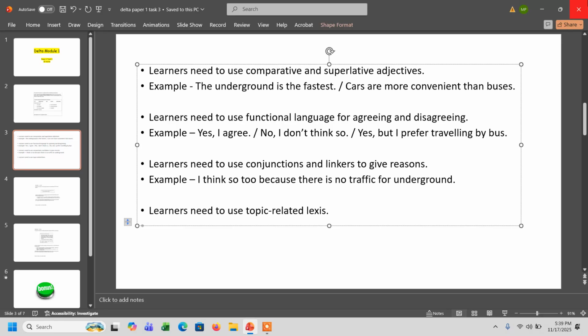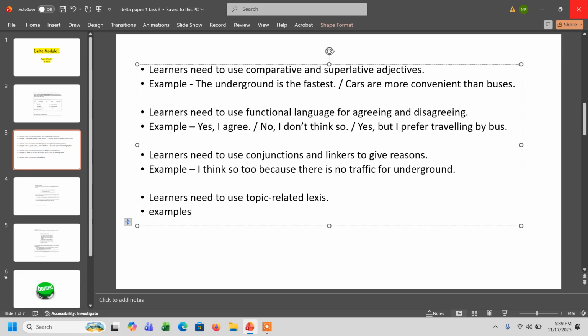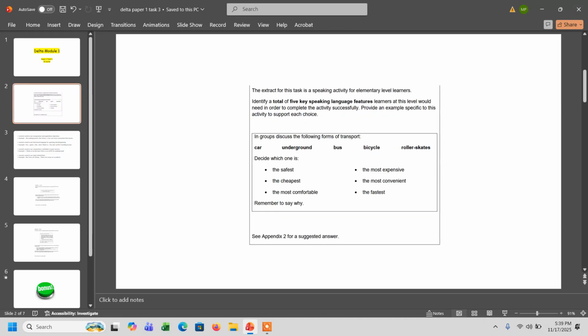So for example, like bus fares are cheap, right? Or maybe there are many car accidents, or something like that. So this is topic related, right? Bus fares, accidents. Okay.